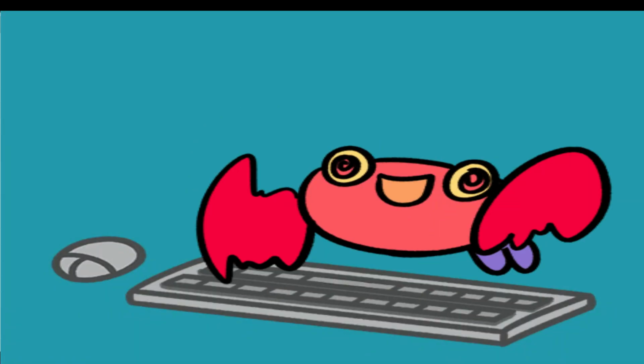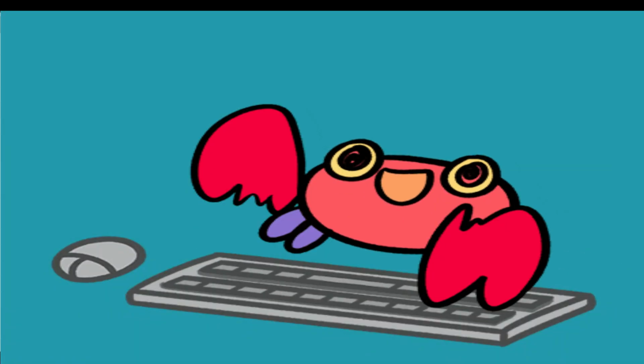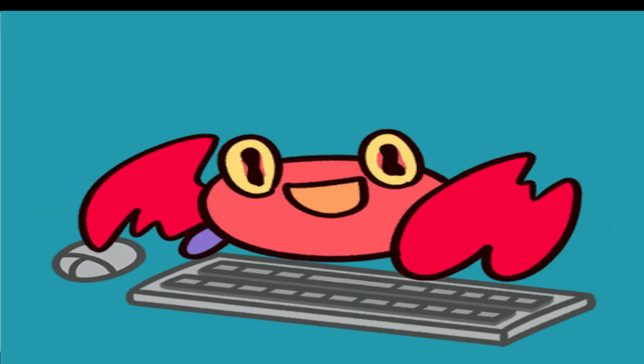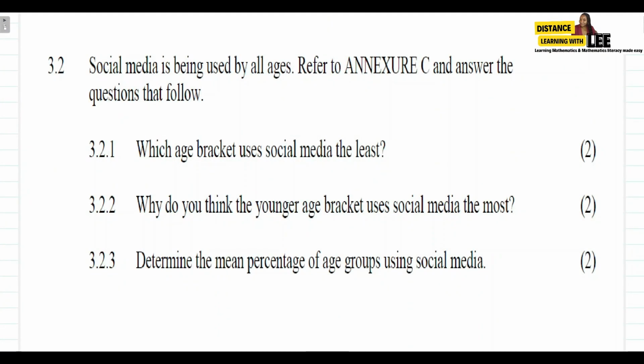Most older people don't know how to use your TikToks, your Facebook, your Snapchat, your Instagram. So the younger age bracket uses social media the most because they know what's going on.